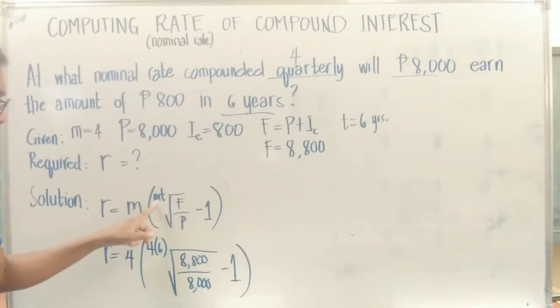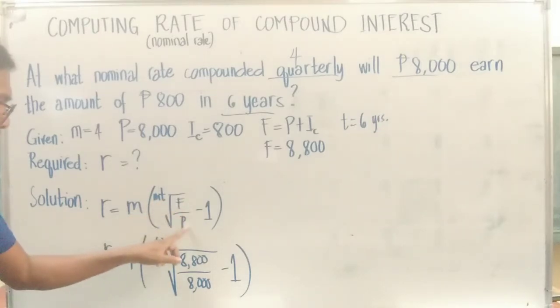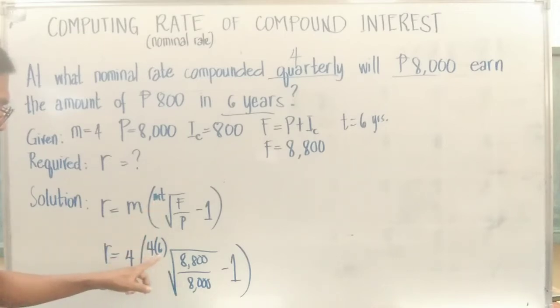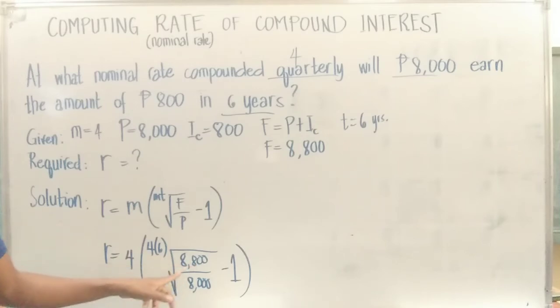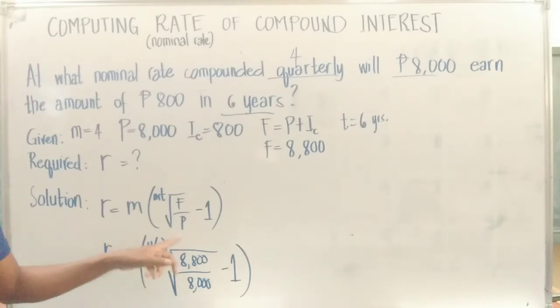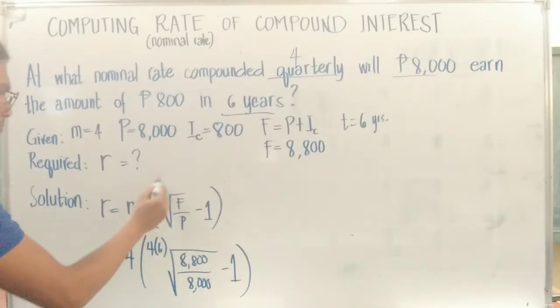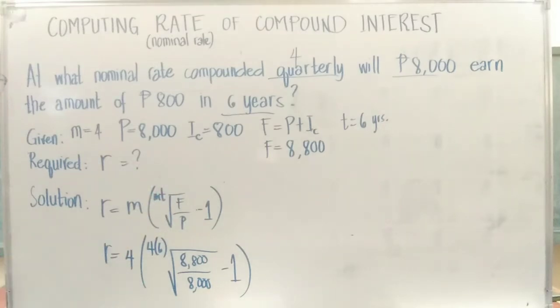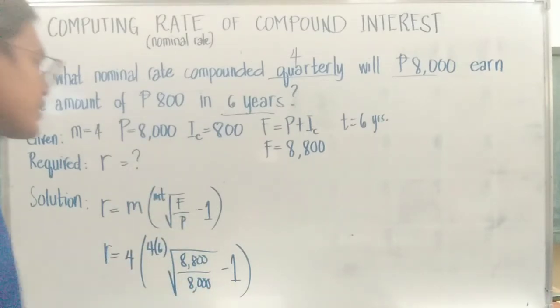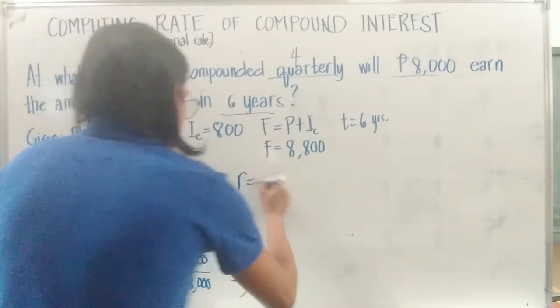Then get the root of f over p, which here is 4 times 6, that is 24. The 24th root of the quotient of 8,800 and 8,000. Then after you get this, minus 1. After minus 1, multiply by m. Or if you have your scientific calculators, just input or encode this and you will have this value r.